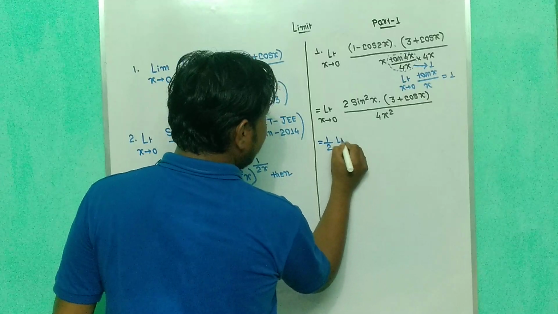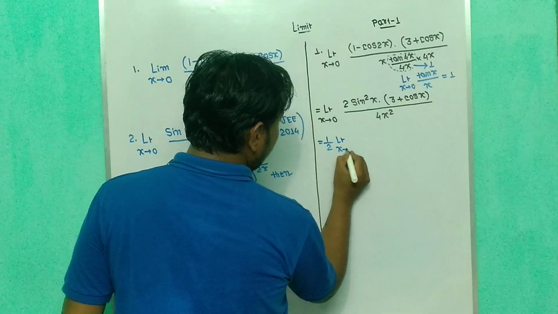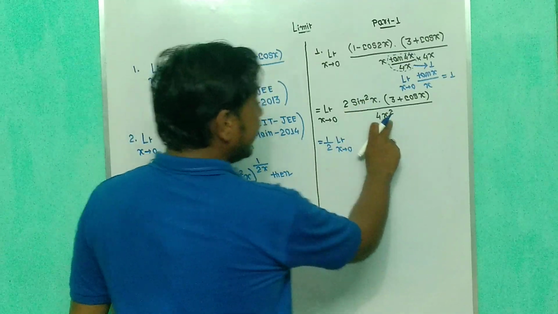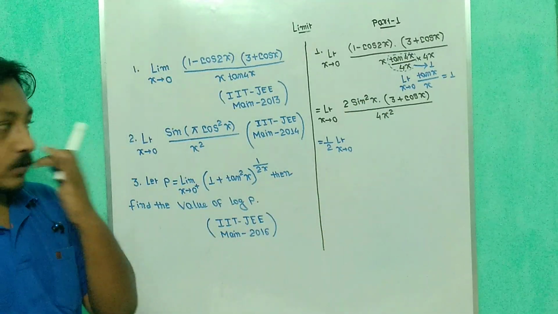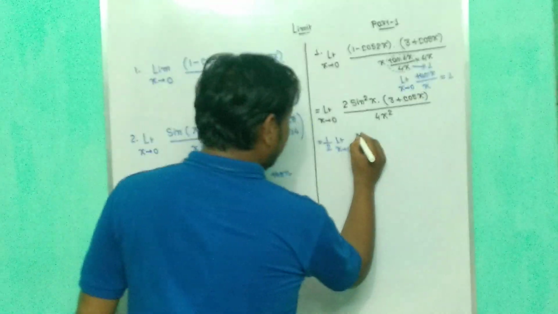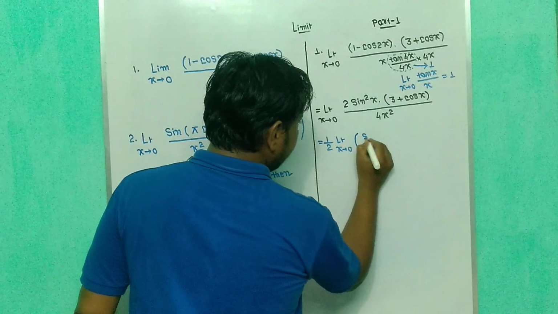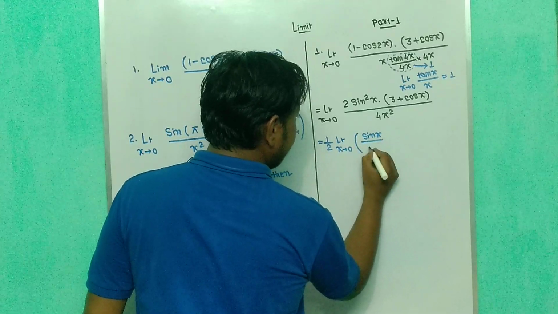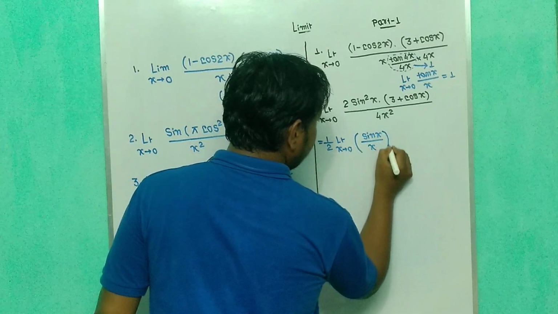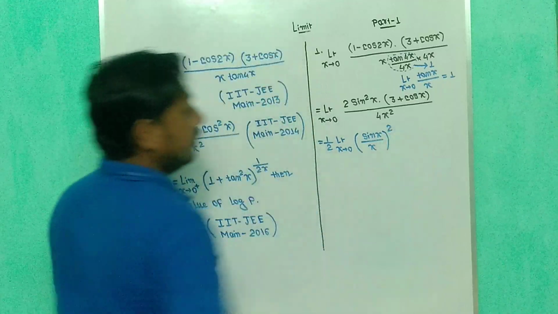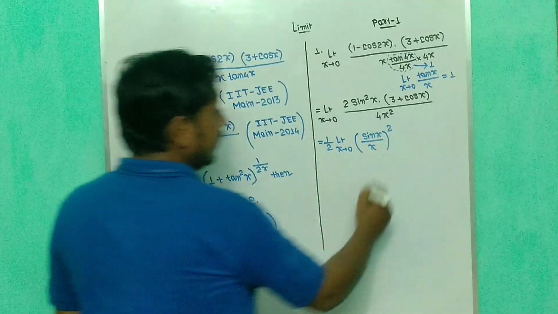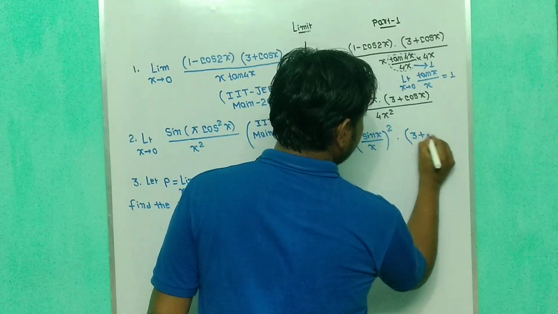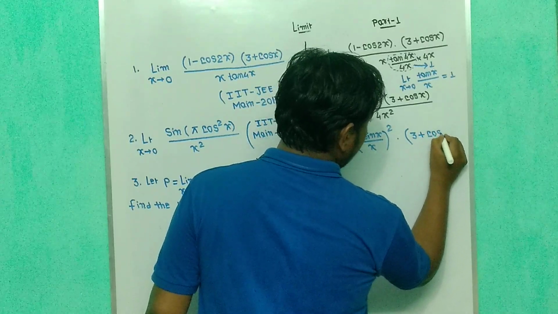Okay. Now see, here 2 and 4 will cancel, so we will get half. Half limit x tends to 0. Here, see, this is sin square x and this one is x square. So we can write like that, no? (sin x by x) whole square, and into 3 plus cos x.